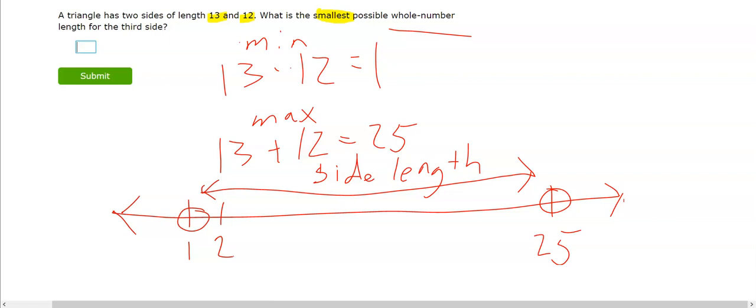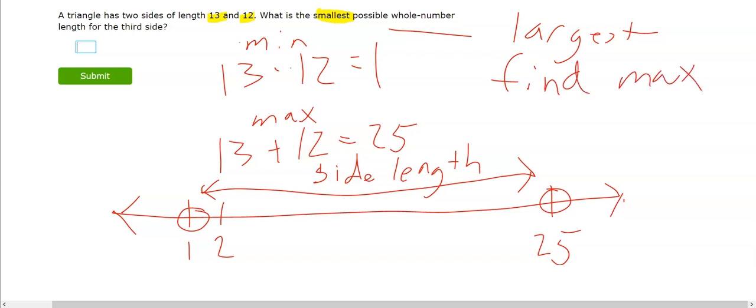Okay, so we want 2. So this is kind of counterintuitive, okay? What they're saying is that if they want the largest, what you should do is find the maximum and minus 1.